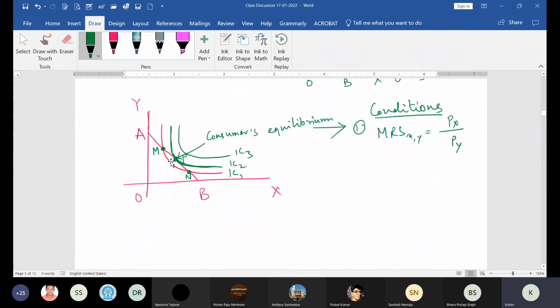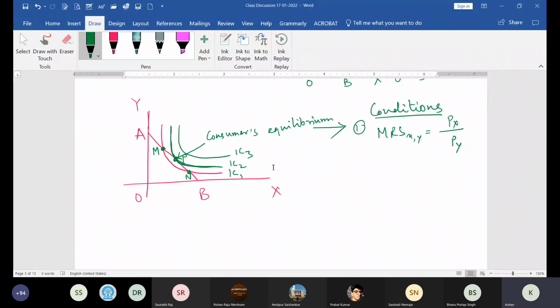So at P, in comparison to M and N, P is on the higher indifference curve, IC2, so utility will be more. Your welfare will be more. That combination will give you more welfare or utility than the combination at M and N. So you look for P, is it not? Yes, sir. Okay.